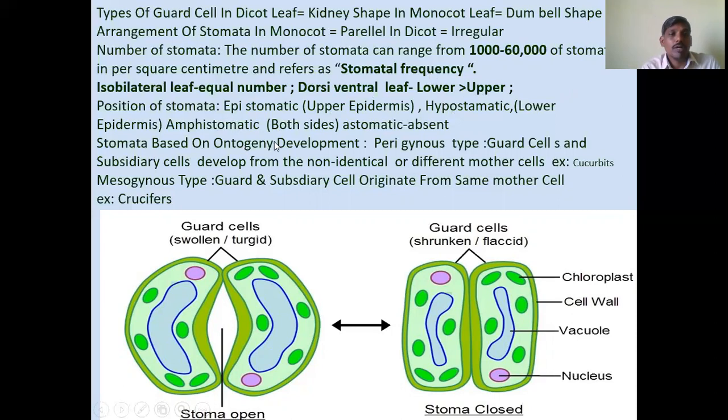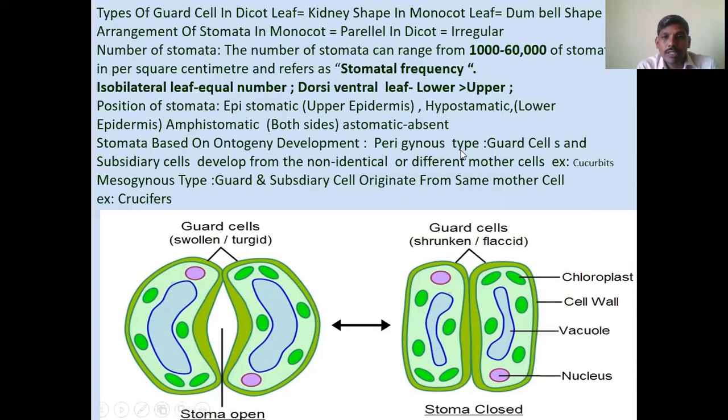Then, stomata based on ontogeny or development. Stomata are classified into three types: perigenous type, mesogenous type, and mesoperigenous type. Ontogeny means how the two types of cells are derived during the development process.